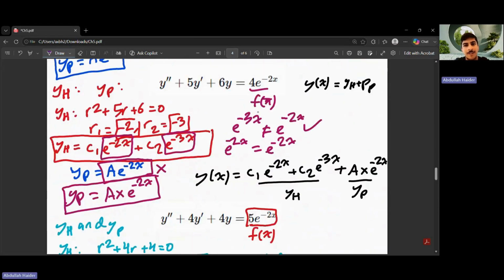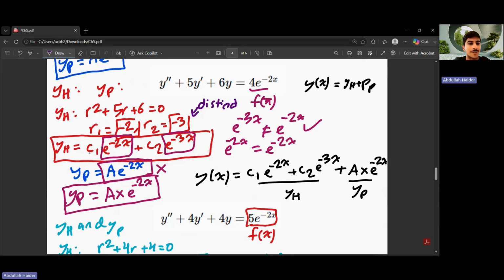Here we have an e power minus 2x on the right side. So as I said before, you find the homogeneous solution first. Make this in terms of r, solve for r, and these are again distinct roots.